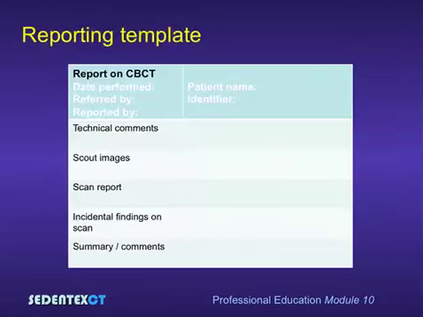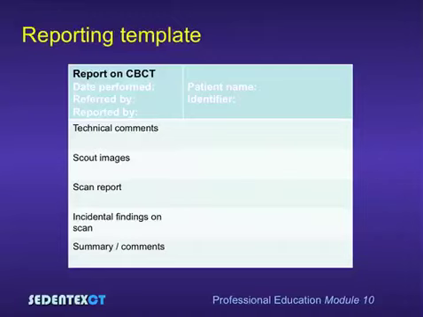Here is just an example, a suggestion for a reporting template. This should include information about the patient's name and unique identifier, the date on which it was performed, who referred the patient and who performed the report. We have space to record technical comments, for example if there were issues regarding patient movement, the volume size selected, and so on.